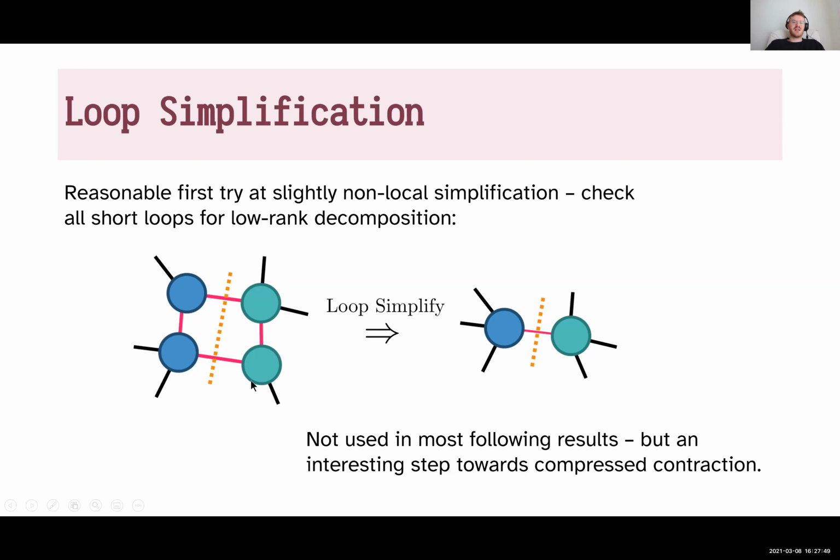And the intuition here is that you often have redundant correlations in the loop that once you actually sum together, you can describe much more efficiently. So this is something I've been exploring recently. It's not in most of the following results, but it's also an interesting step towards a compressed contraction where you're really considering doing quite a significant contraction, and also how that's going to be simplifiable or compressible in the future.